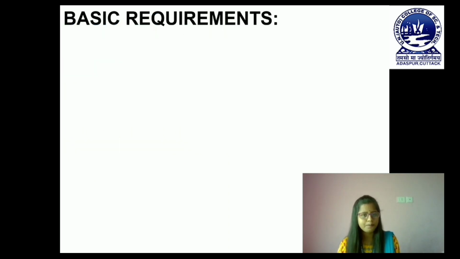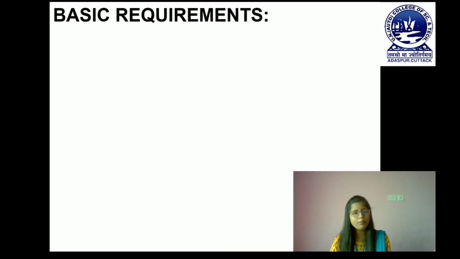Okay, so let's start. What are the basic system requirements for Python? Before downloading any software, we must know the basic system requirements for that particular software to make sure that it is compatible with our system. The system requirement means what hardware components and what other software resources are required.